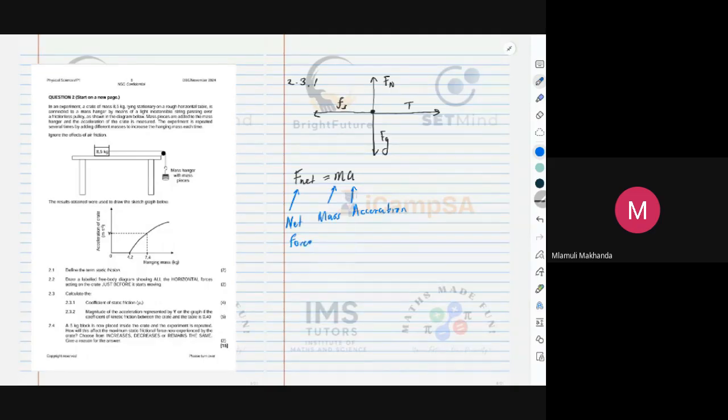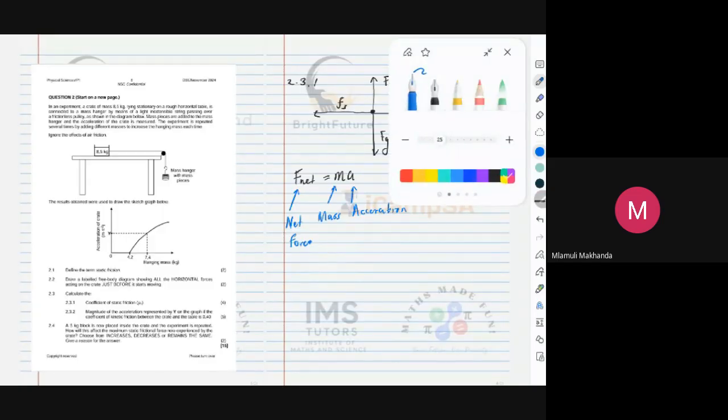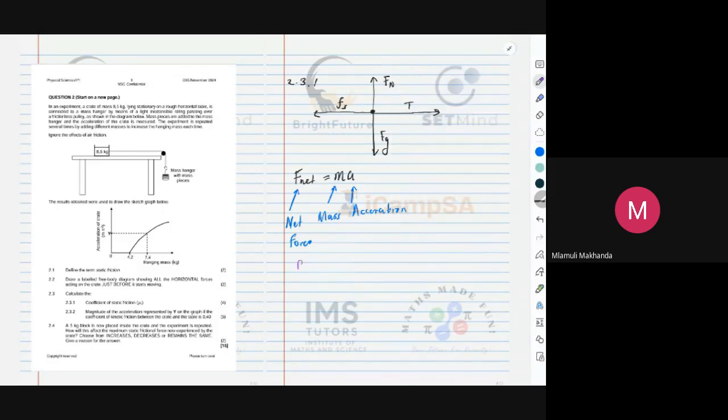So how you do it then is we have Fs here. Remember, Fs is equal to the coefficient of static friction times the normal force, and this coefficient is the one that we are looking for. So that means here we are looking for this thing here. This is our unknown, right?